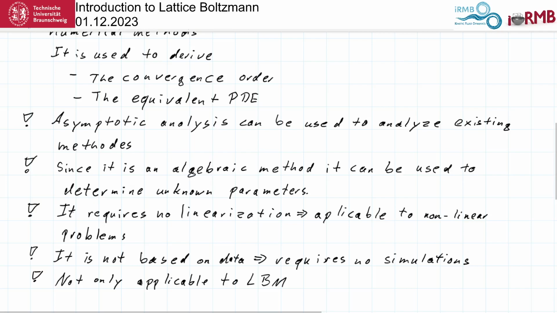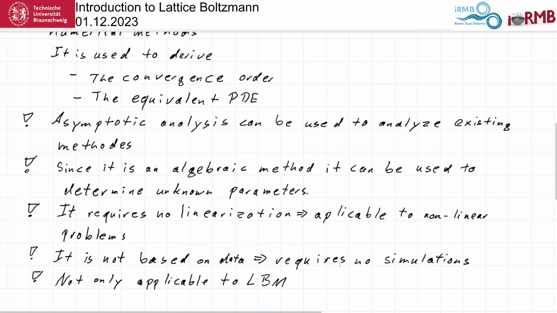Also compared to other analysis methods, for example, Von Neumann analysis, yeah, this method does not rely on linearization. So you can look at nonlinear problems, as is the Navier-Stokes equation or the Boltzmann equation, of course.